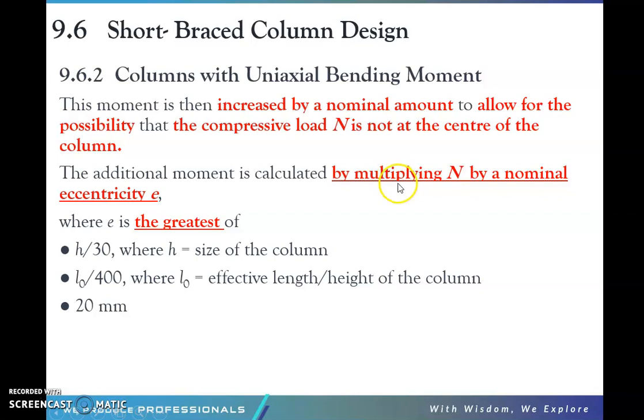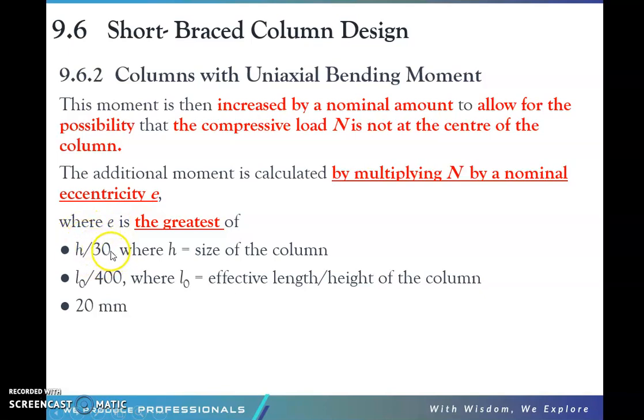So kita kena ada additional moment, which is N, the compressive load, multiplied by the nominal eccentricity, nilai E.